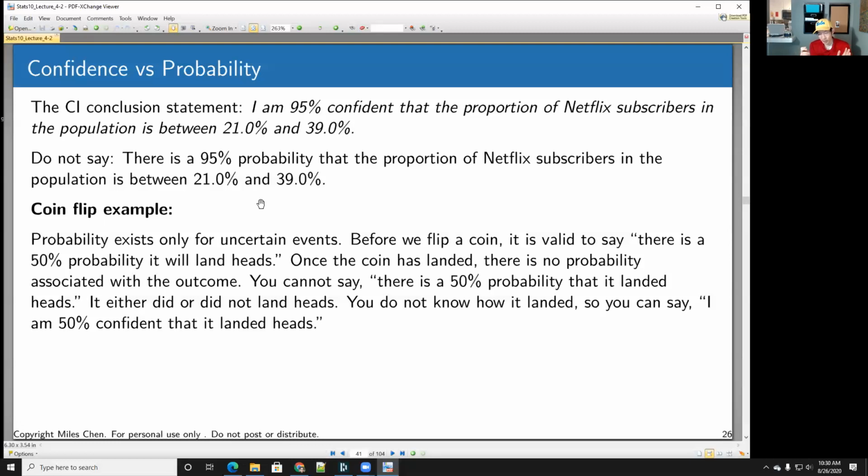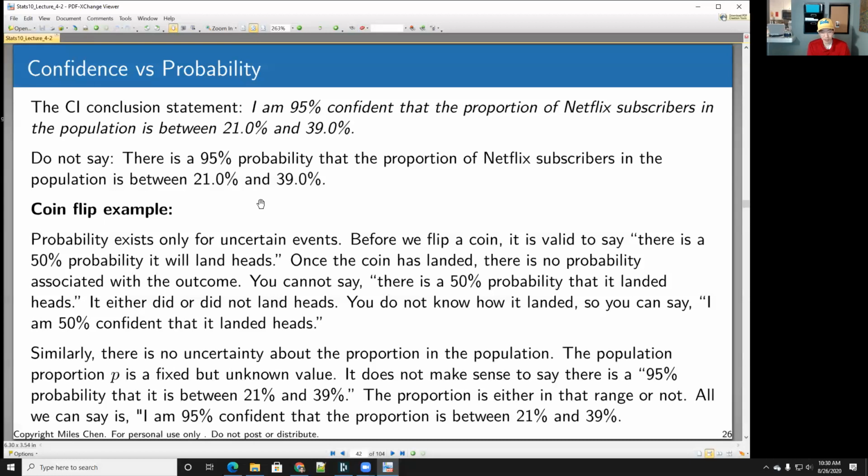So again, it does not make sense to talk about probability. It only makes sense for us to talk about being confident that it's in our interval or not. When you talk about a confidence interval, it is wrong to say that there's a 95% probability that the proportion of Netflix subscribers is between here and here, because this proportion either is or is not in the interval.